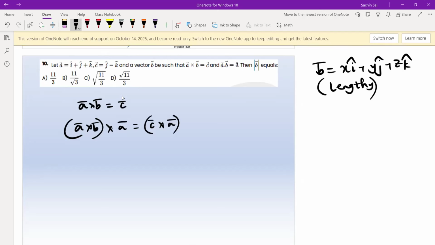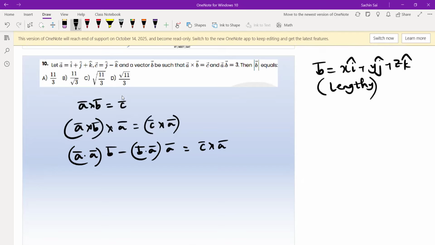First is the right hand side is C cross A. More importantly, the left hand side can be simplified as A dot A times B minus B dot A times A, right? The left hand side is a vector triple product, and can be simplified this way. So I will get equals C cross A, right?